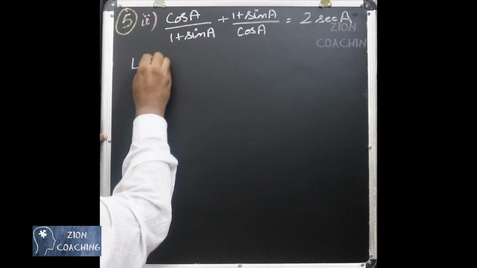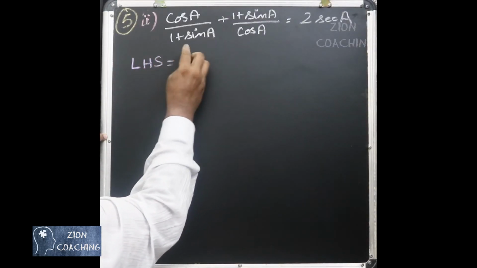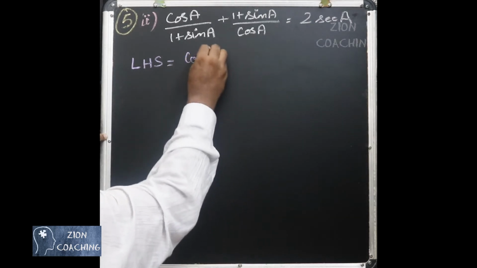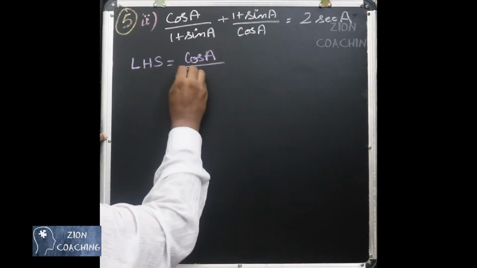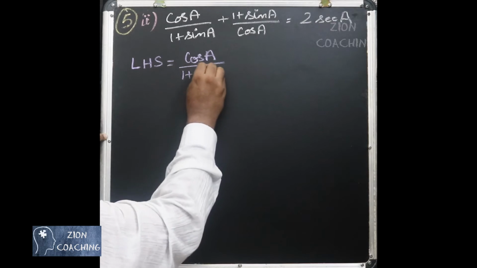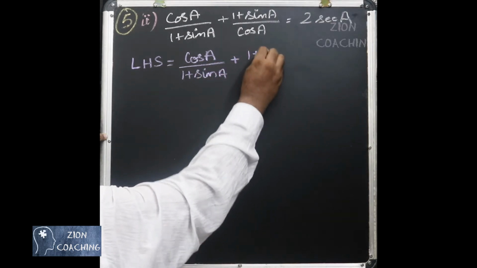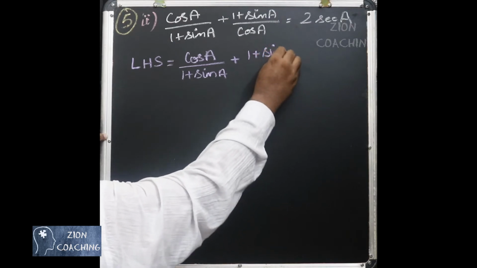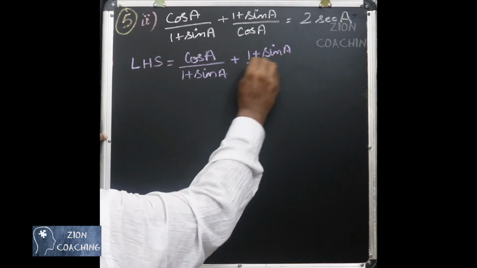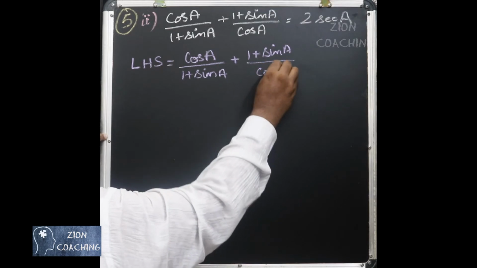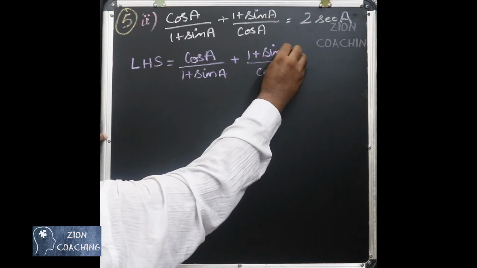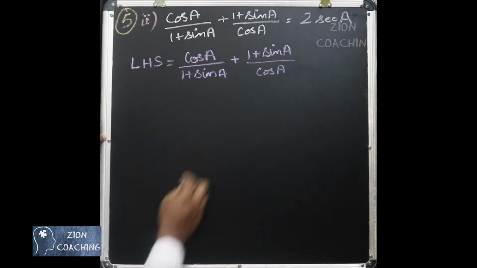Now we have our LHS equal to cos A by (1 plus sin A) plus (1 plus sin A) by cos A. Now we are going to take LCM.